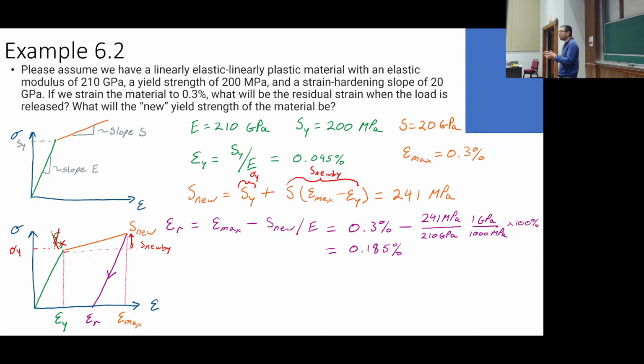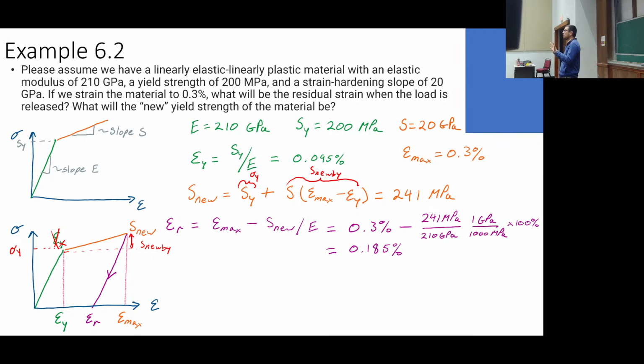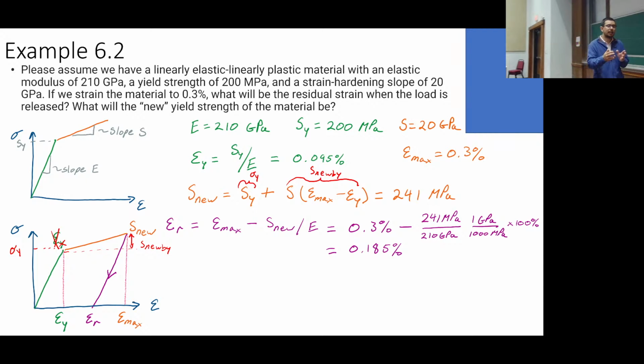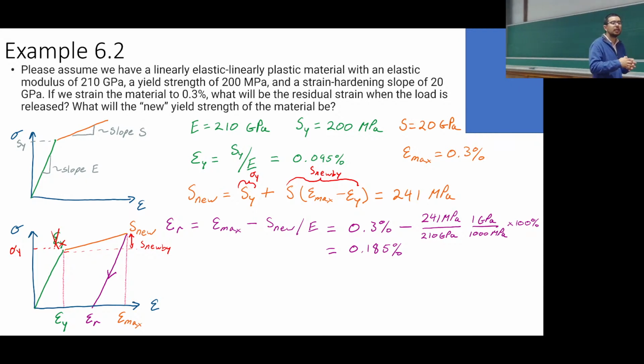But if I say it's a linear elastic, perfectly plastic model, then you say, oh, no, it cannot go higher than that yield strength. Even though I would predict a higher stress, because of the material model involved, it has to be the yield strength.